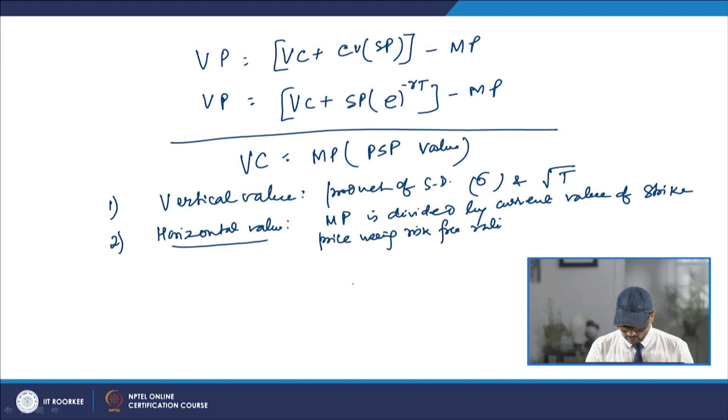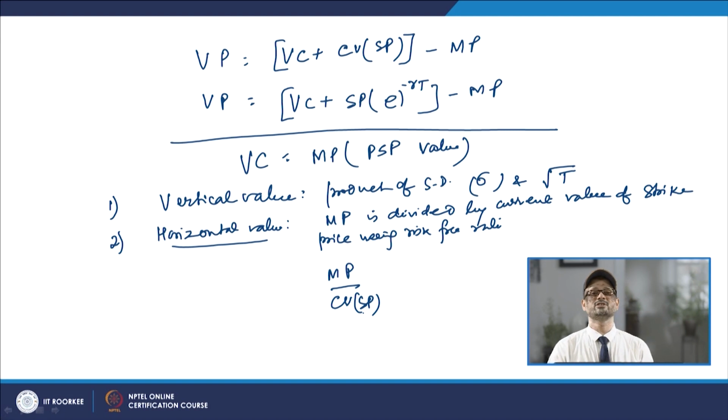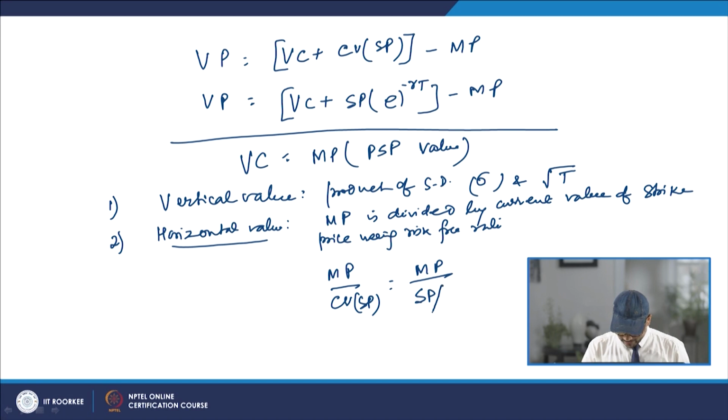So this will be MP divided by CV of SP, the current value of the strike price. Now, this will be MP upon SP by 1 plus RF, for the maturity time of T.